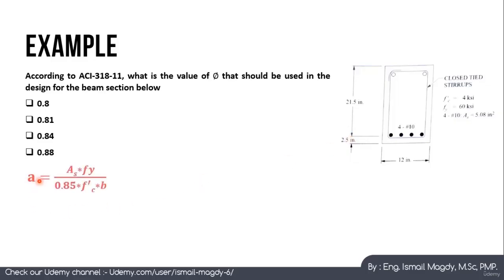We will start first by calculating a, which equals As fy over 0.85 fc' b. We have all of these values. We have the area of steel, it equals 5.08 here, which is 4 number 10 bars. Here it is given, the area of steel 5.08 multiplied by 60 over 0.85 multiplied by 4 multiplied by 12. This means that a equals 7.47.